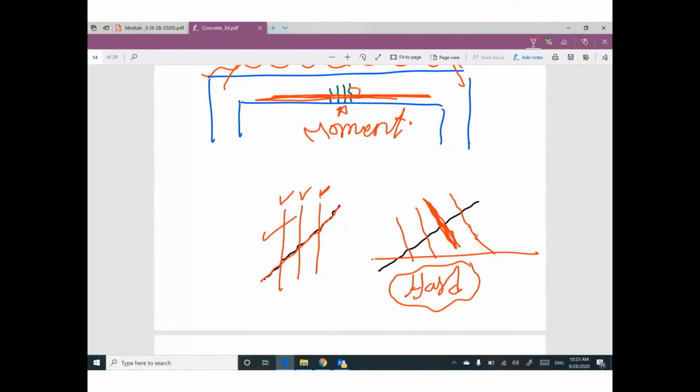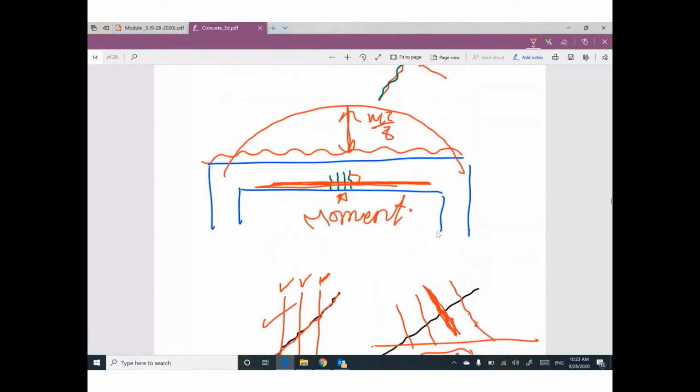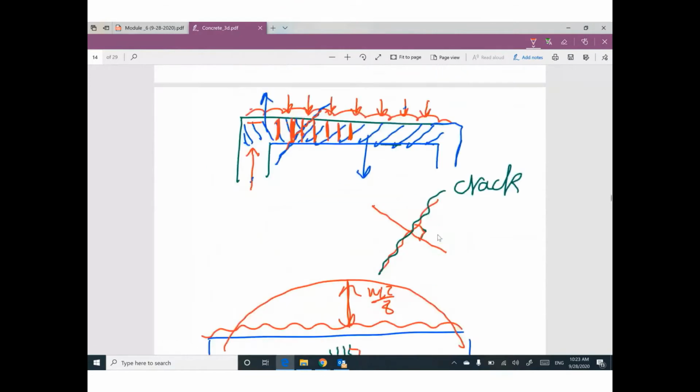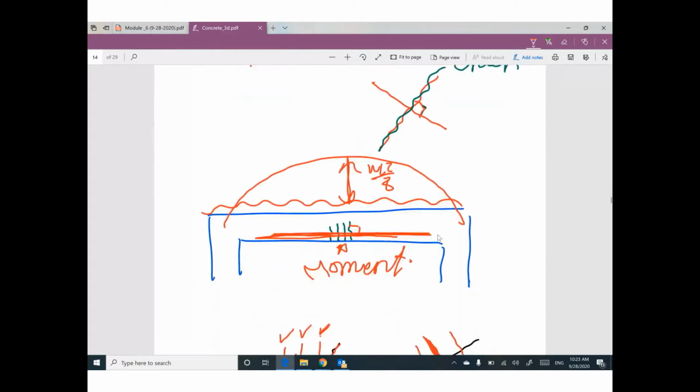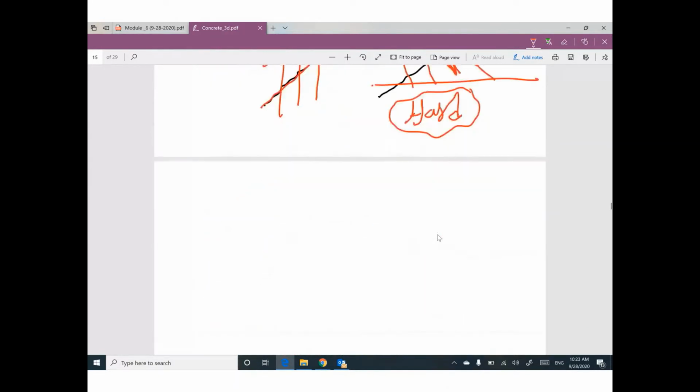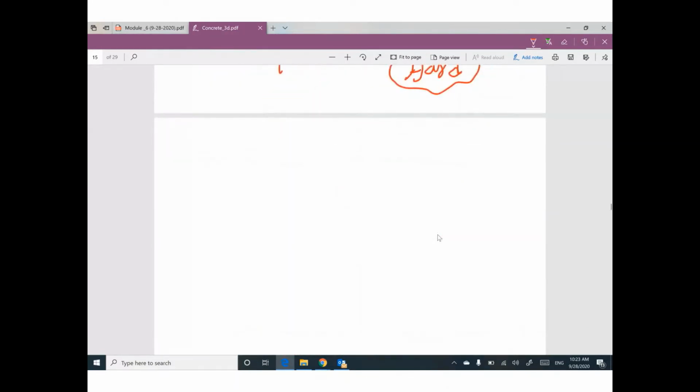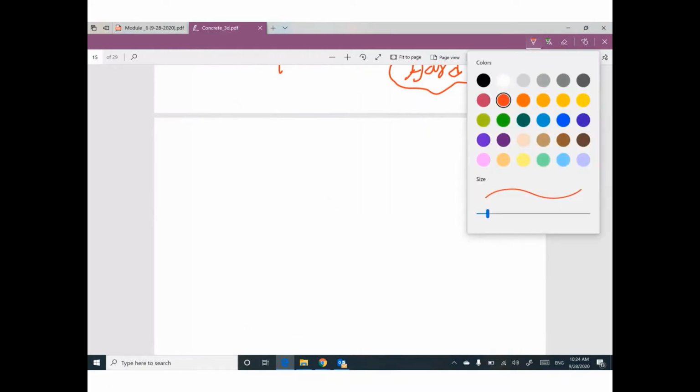From this point, it's very important to understand this: your reinforcement must be perpendicular to your crack. Probably one time after your graduation, you will have an interview for a job.